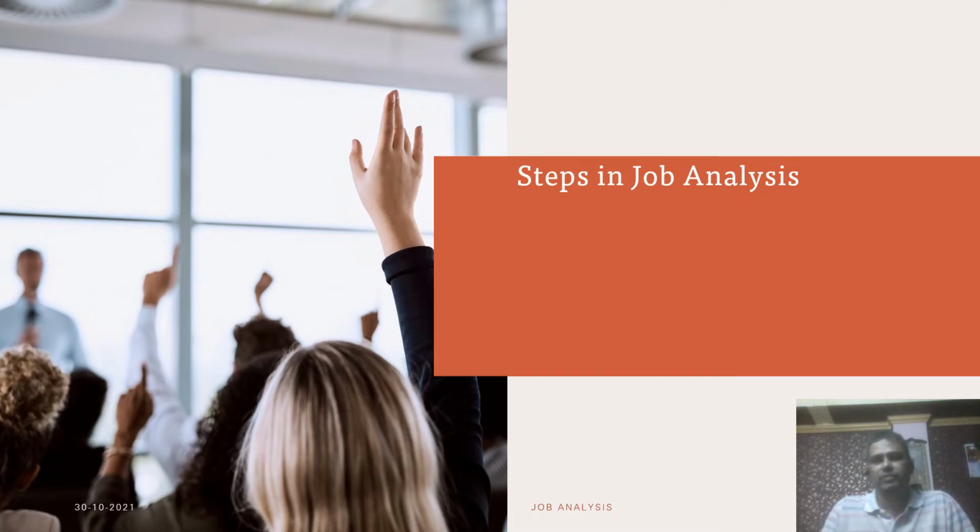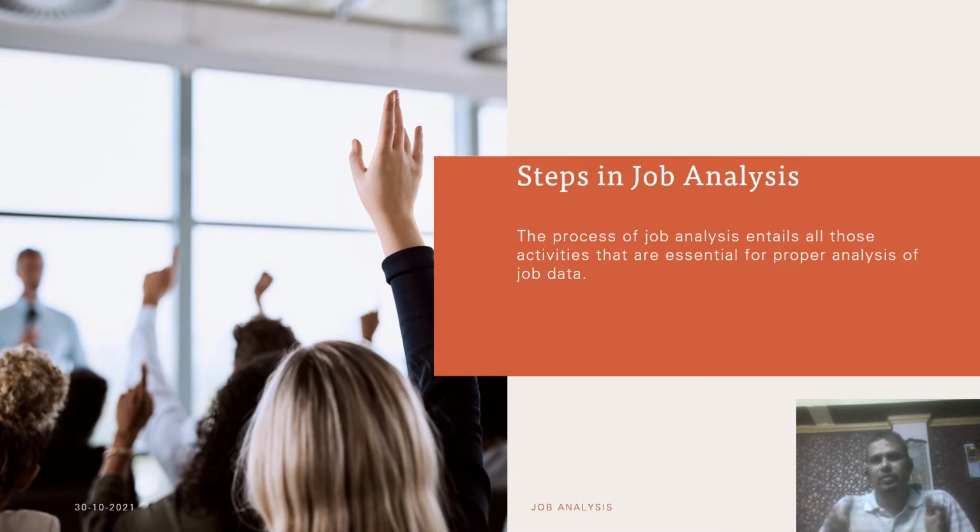There are steps involved in the overall job analysis process, from step 1 onwards, around 6 steps, and then the outcome of that job analysis. Job analysis is a process which looks into all the activities required to perform a proper analysis of job data.